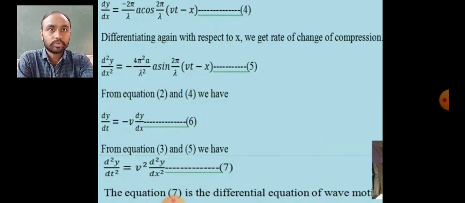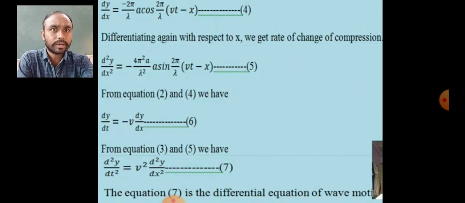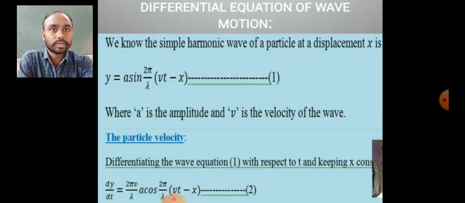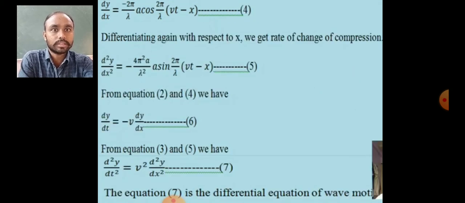And what is equation 4? dy by dx is minus 2 pi by lambda a cos 2 pi by lambda (vt minus x). Okay, that means if we keep that v aside, then 2 pi by lambda a cos 2 pi by lambda (vt minus x) is nothing but dy by dx, or rather minus dy by dx.